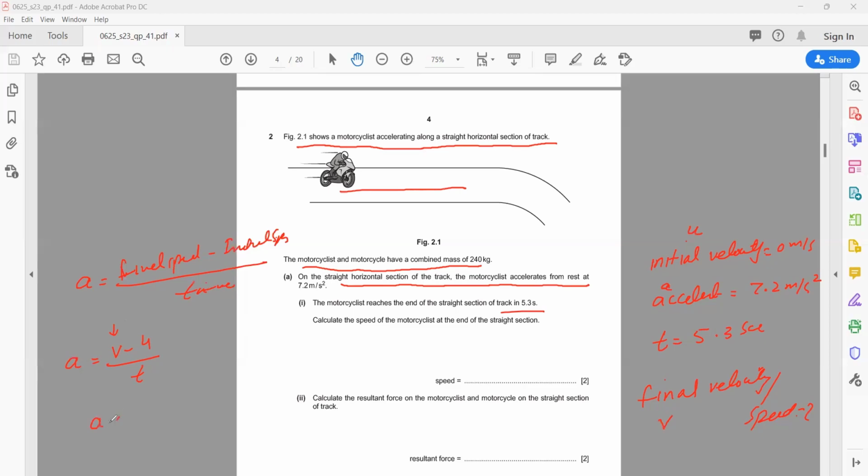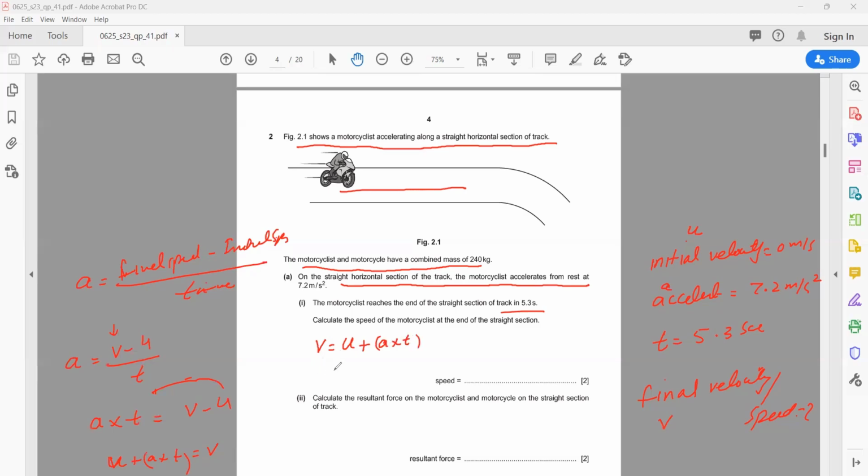So it will become a multiplied by t equals v minus u. Or if I bring the u to the other side, v equals u plus a times t. So this is the speed now. Using the same formula, v equals u plus a times t.